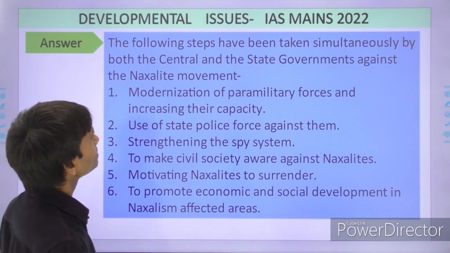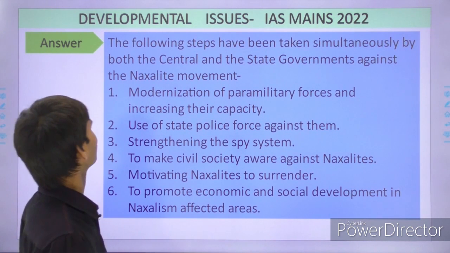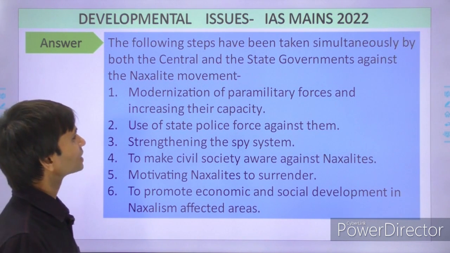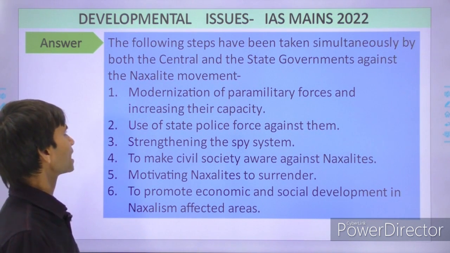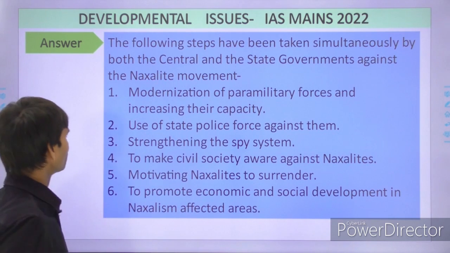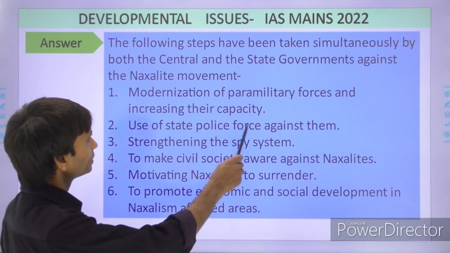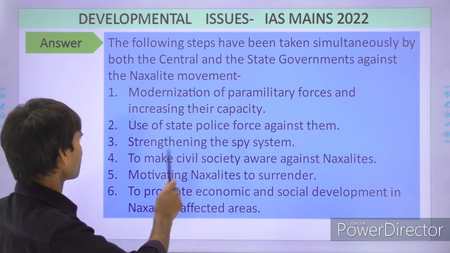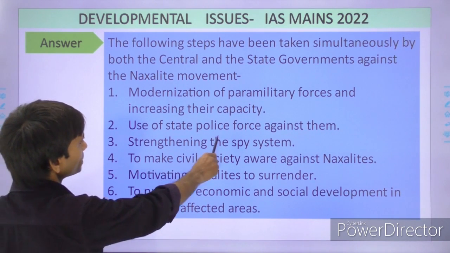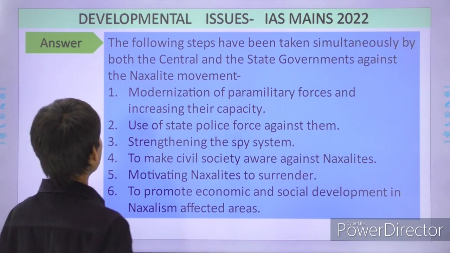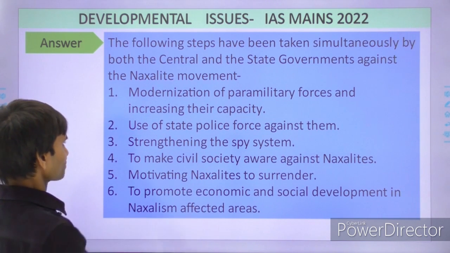The following steps have been taken simultaneously by both the central and state governments against the Naxalite movement. So these are the steps that have been taken. Step 1, modernization of paramilitary forces and increasing their capacity. Second, use of state police force against them. Third, strengthening the spy system.